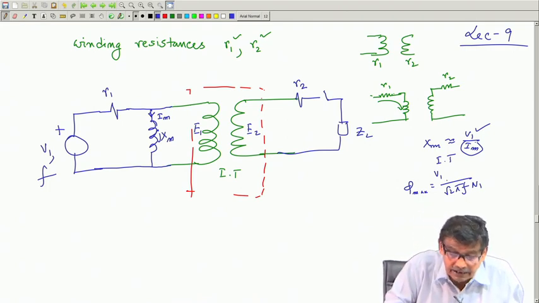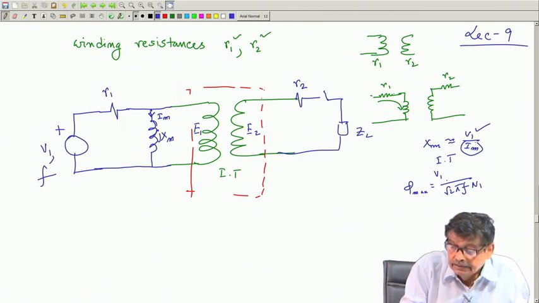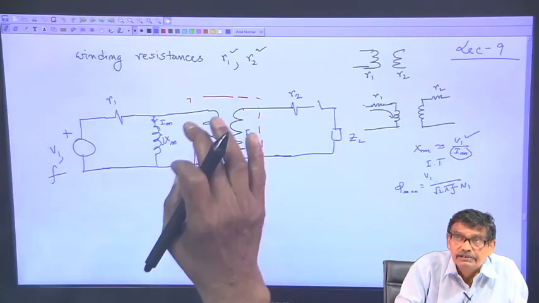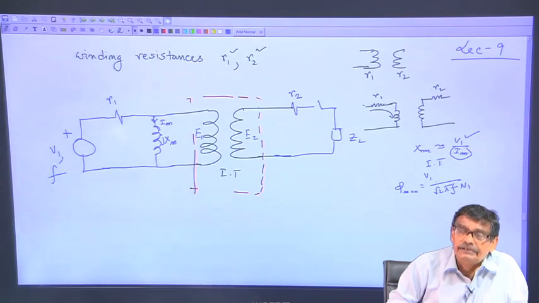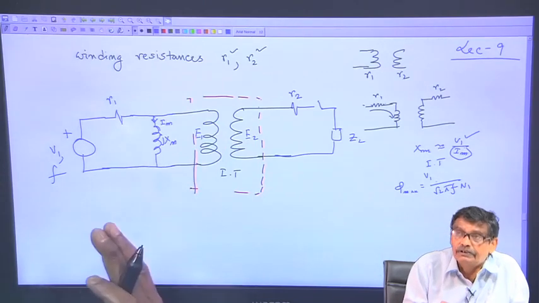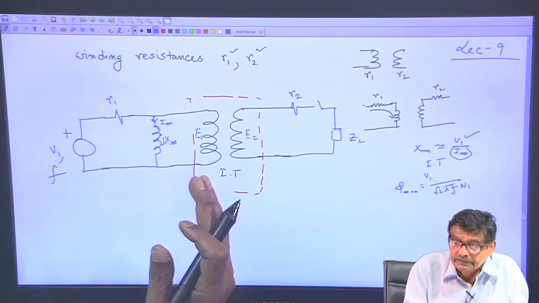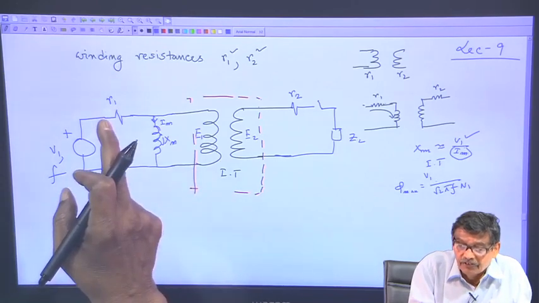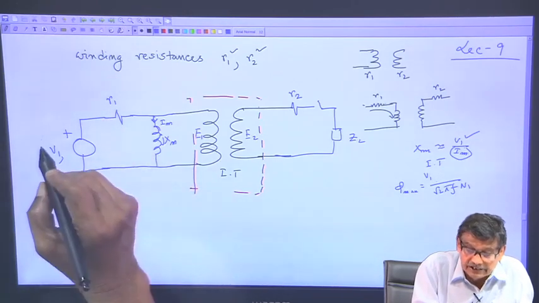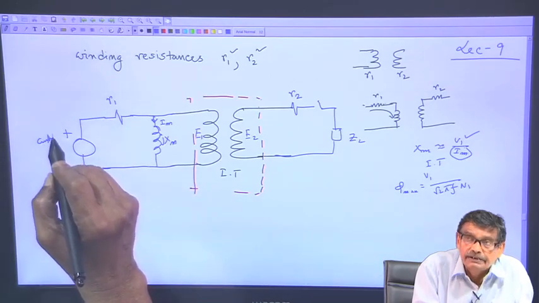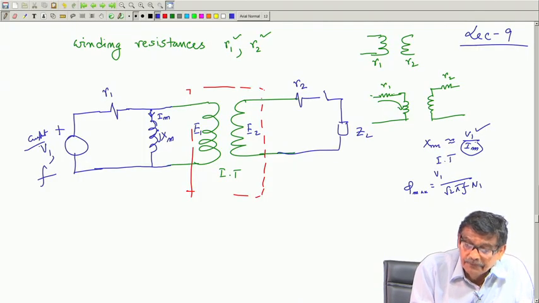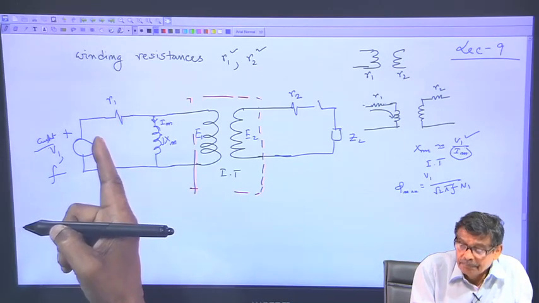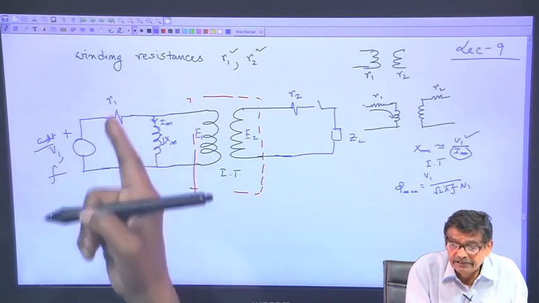But now I come to know that the applied voltage to this ideal transformer, strictly speaking, will not remain constant because of the presence of R 1. V 1 is constant, no doubts, but V 1 minus this drop is what is applied here. What is this drop?